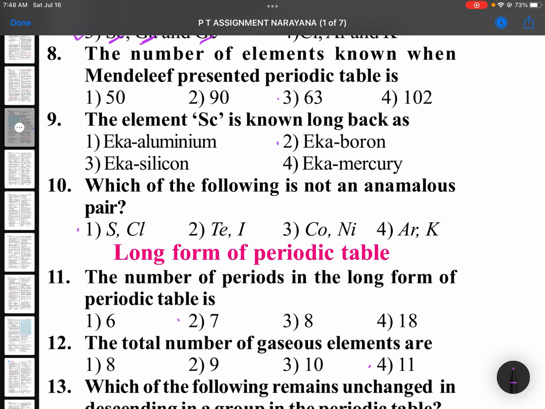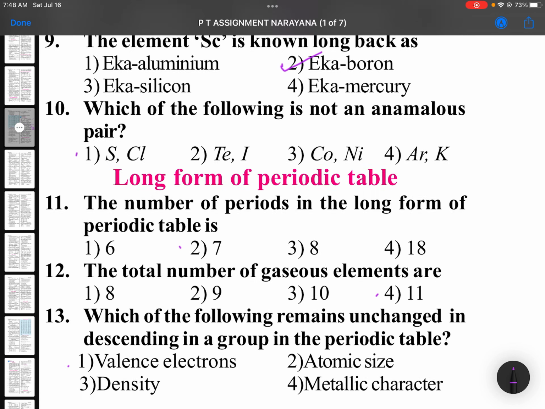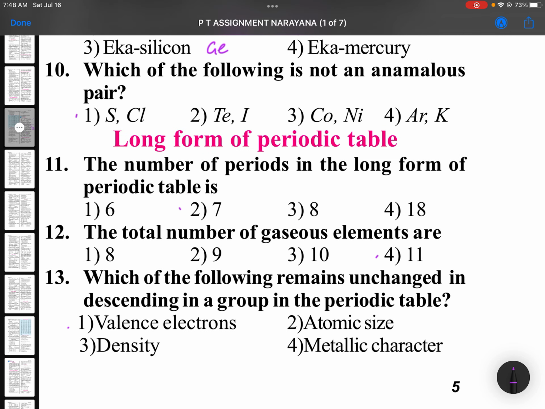The number of elements known when Mendeleev's periodic table was made is around 63. The element scandium is known long back, as scandium is eka boron, eka aluminium is gallium, eka silicon is germanium.